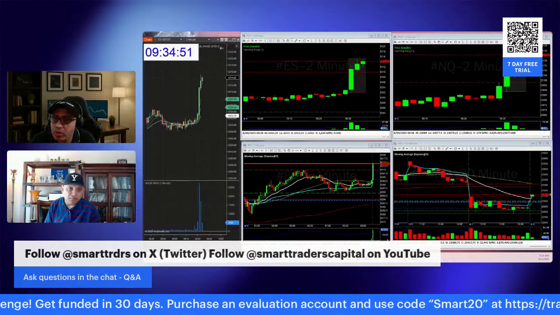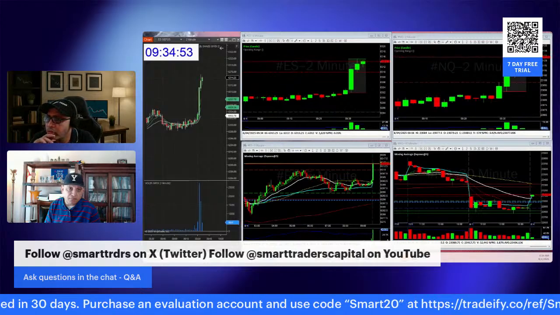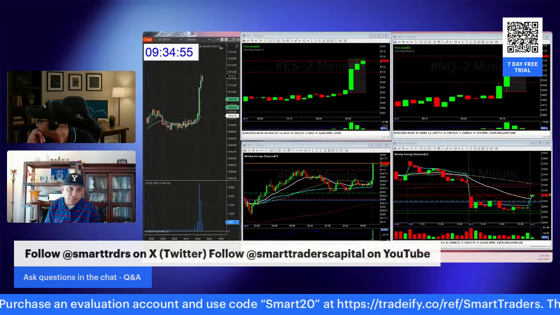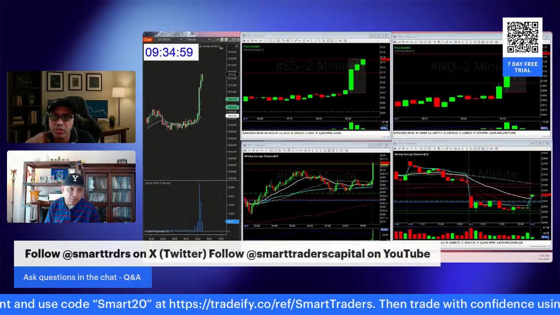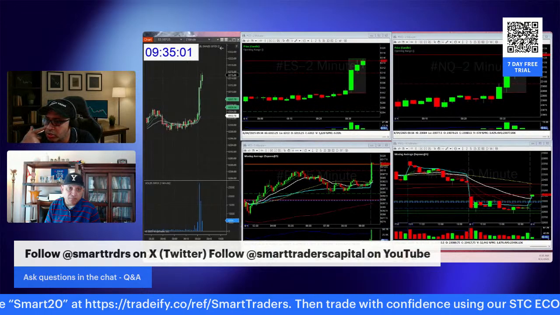Still very strong. Don't have any pullback yet. I'm waiting to see if we can get a smaller pullback before we get into the trade. But it's a really good bullish trend.